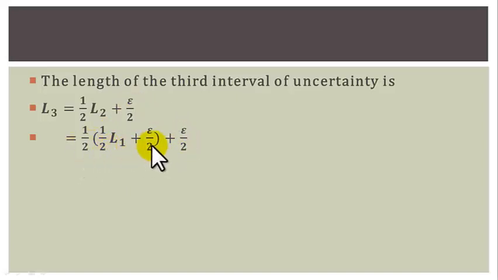If we open this bracket, we will now obtain 1 over 2 times 1 over 2 L1 is 1 all over 2 to power 2 L1 plus half times epsilon all over 2. That will give us 1 all over 2 to power 2 epsilon, then plus epsilon all over 2.